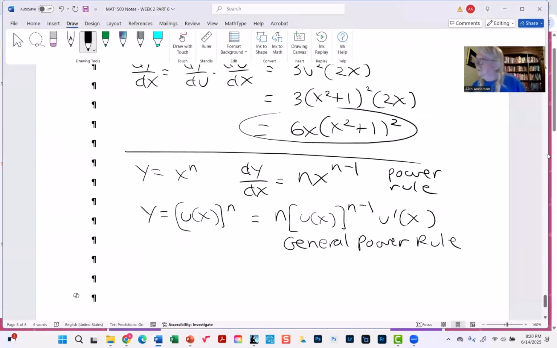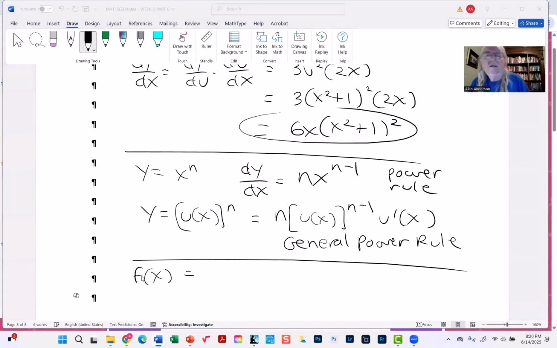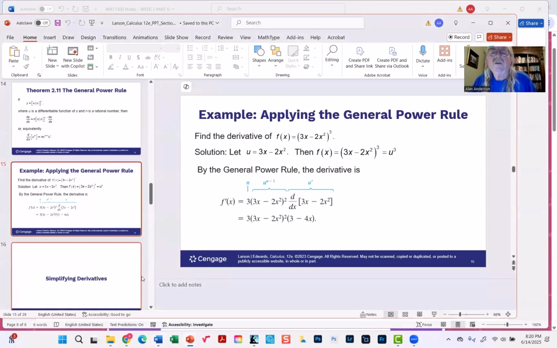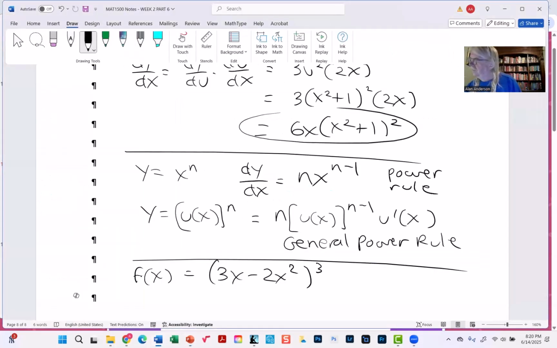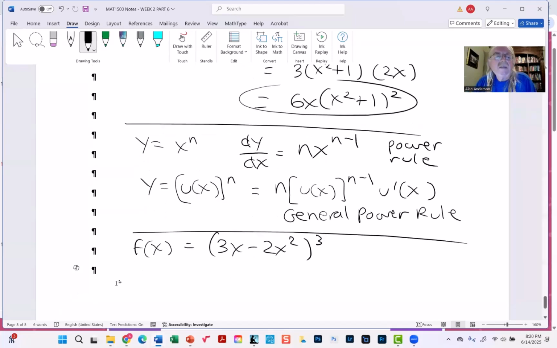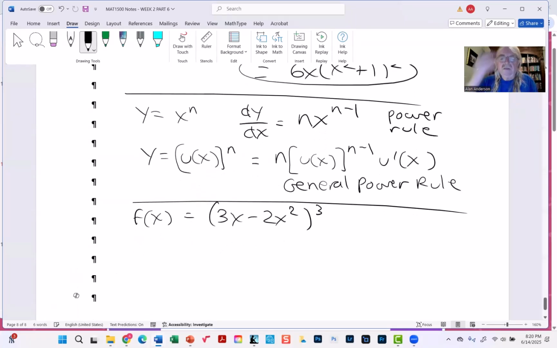f of x equals 3x minus 2x squared, all to the third power. Why don't we think of this as u of x, or just plain u, sometimes we call it, is 3x minus 2x squared.